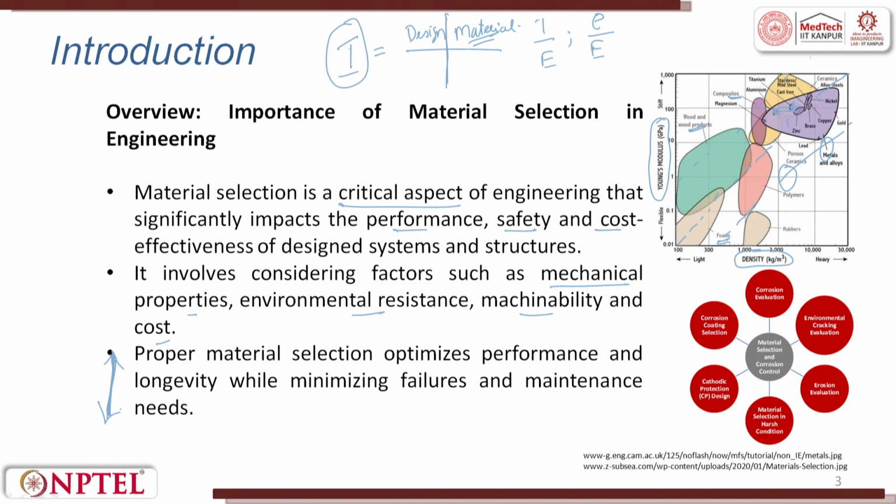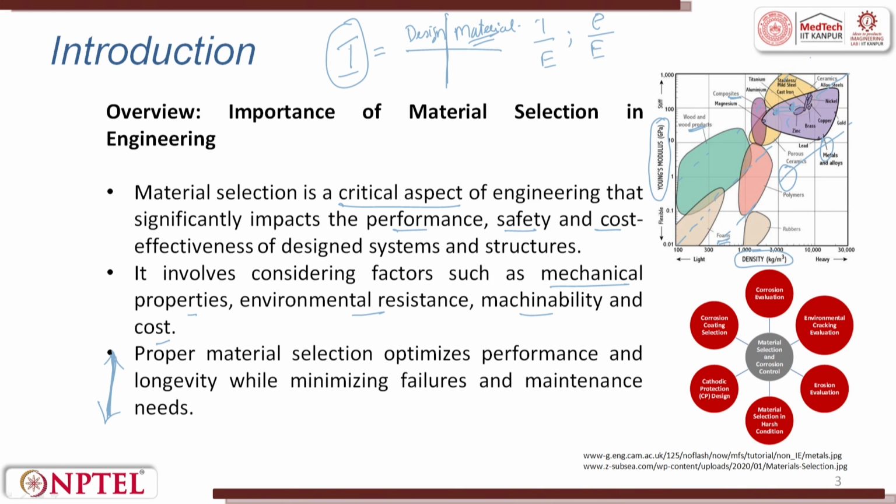When you look into this graph or this schematic diagram, you can see here the material selection and corrosion control, right. So, you have to choose a material which has corrosion control or corrosion resistance behavior.